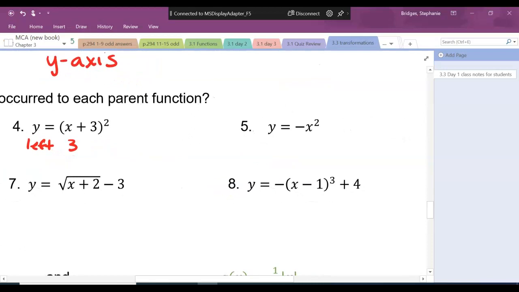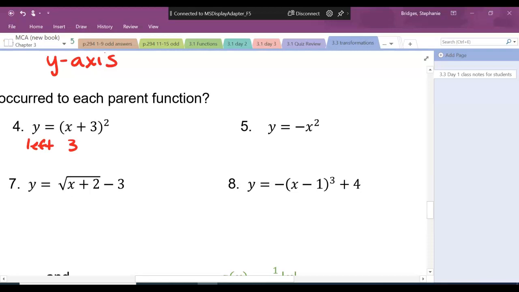Number 5, I have y equals a negative x squared. Is that negative after I square it or before I square it? Is the negative outside or inside? Outside. If it's inside, what is it going to have around it? Parentheses.